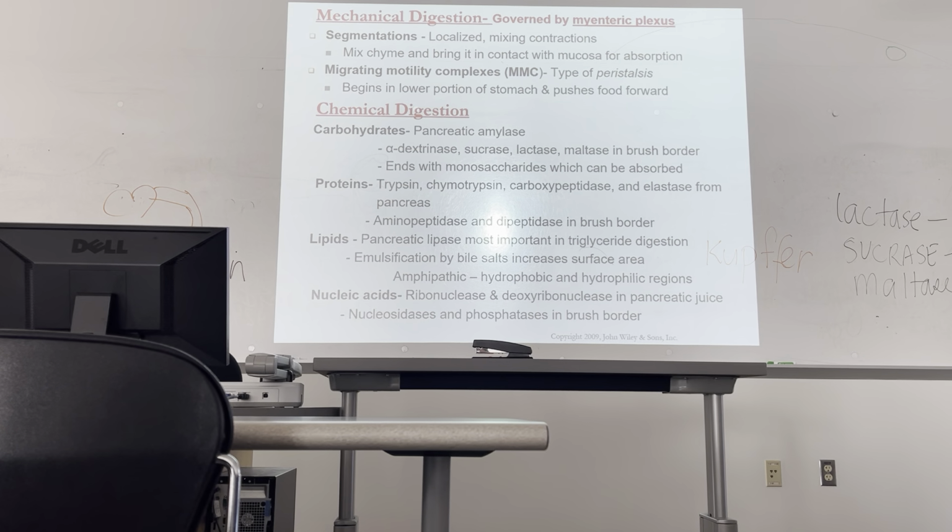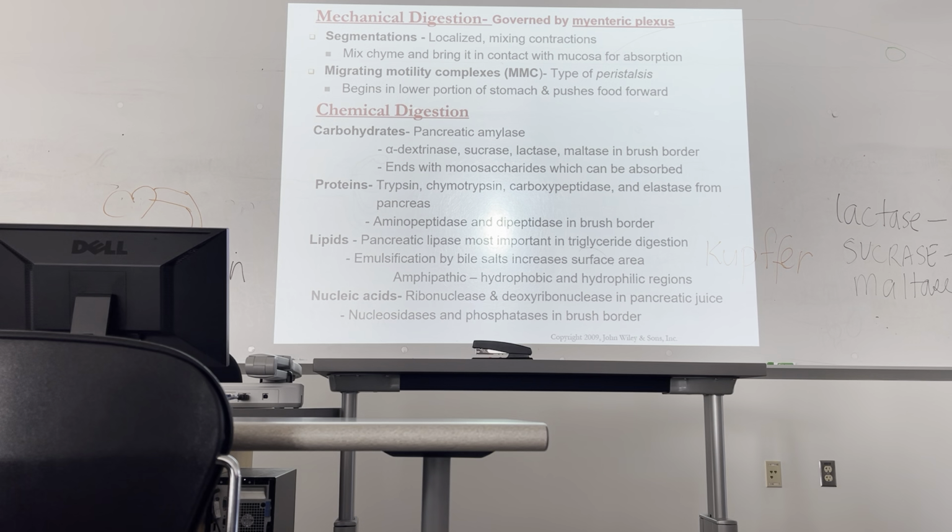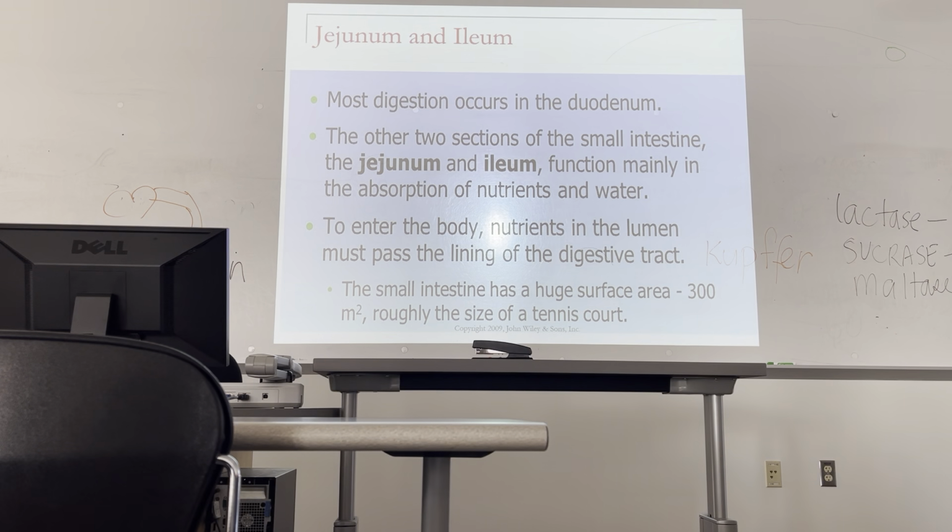So, is there any mechanical digestion going on in the small intestine? Maybe just segmentation where we lock them in segments to facilitate basically the chemical digestion of all of your nutrients. So by the time the chyme makes it to the jejunum, you're ready to absorb.